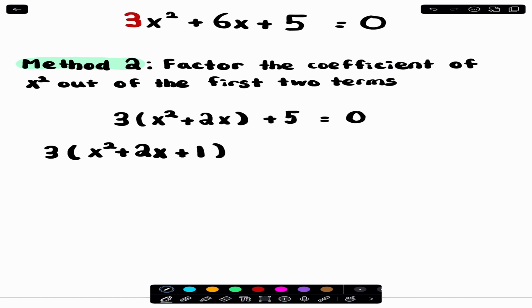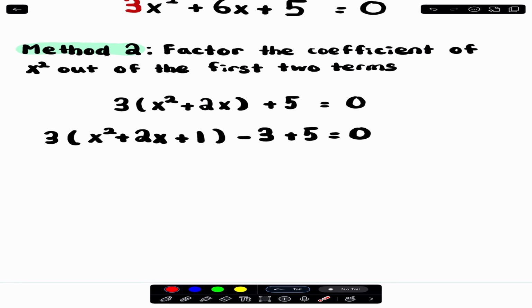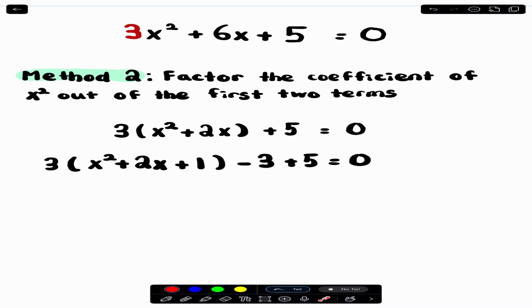But now notice, to keep everything balanced, we are going to have to subtract 3. We still have this plus 5, and this is all equal to 0. So if that seems a little confusing, try expanding this out. So that's 3x squared plus 6x. And then I added a plus 3 when we completed the square. So this plus 3 term wasn't originally there, so we have to get rid of it to keep everything balanced.